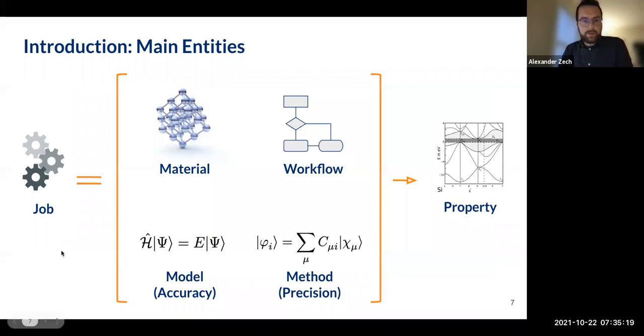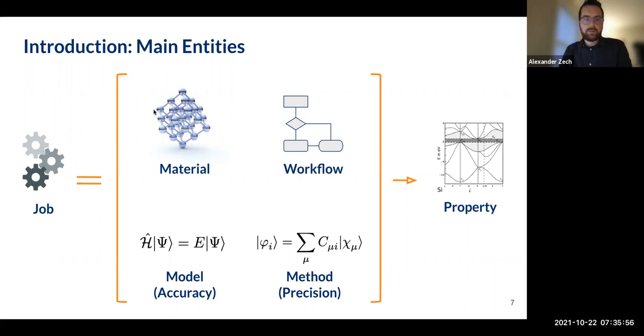So in computational research, certain main entities often emerge. In principle, we have a job that we're running to get a property. And we would like to represent these entities also in terms of data. The job, for example, could hold information about the high performance computing infrastructure, but it also holds other key entities that are needed for the simulation.